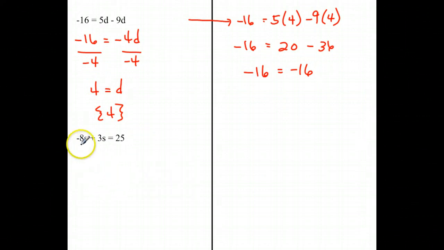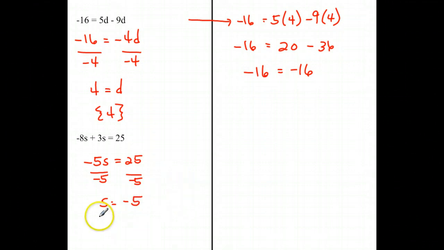Finally, negative 8s plus 3s. When I add them together, I'm going to get a negative 5s equals 25. I'm going to divide both sides by a negative 5. s is equal to negative 5. Put my answer in solution set.